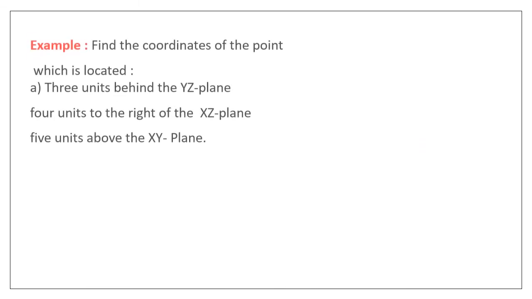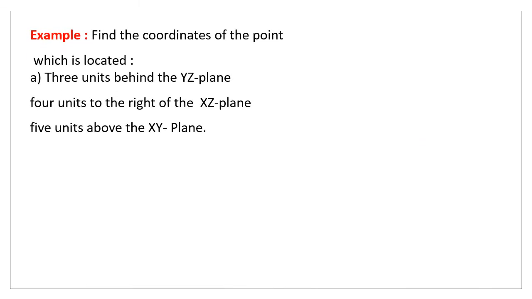Example: find the coordinates of the point which is located 3 units behind the yz plane. Behind the yz plane means to the back side, so x equals minus 3.